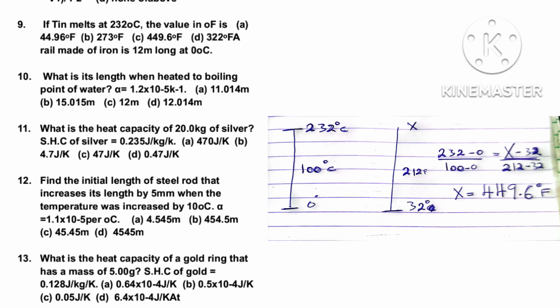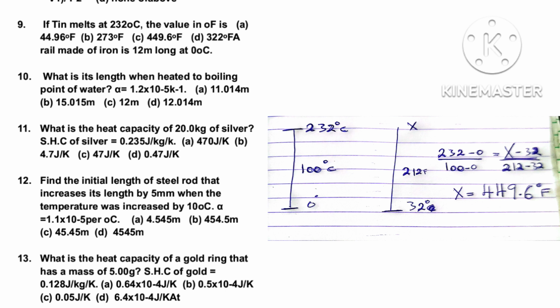We have a tin melting at 233 degrees Celsius. So in this question, we have two different scales. We have the Celsius scale and the Fahrenheit scale. And you notice that what we are asked to look for is the value of x, that is the upper point of the Fahrenheit scale.